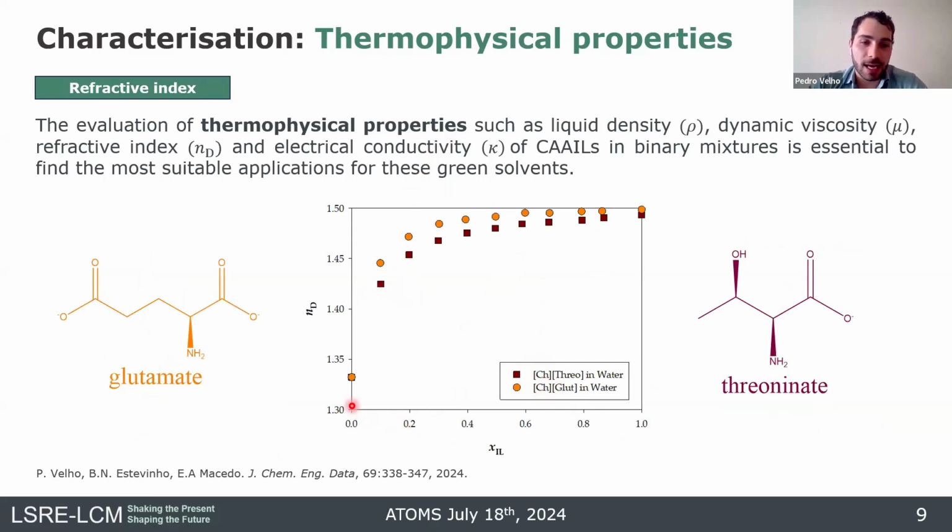As you can see, the refractive index for glutamate is way larger than for threonate, and that is due to the larger polarity of glutamate compared to threonate. Glutamate has two carboxylic acid groups, which obviously increase polarity, and this causes a larger refractive index.